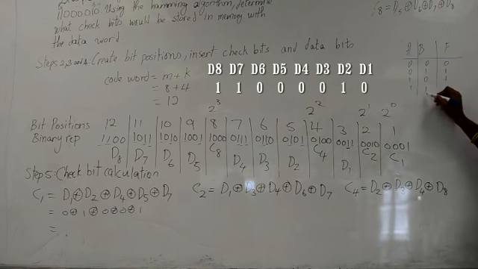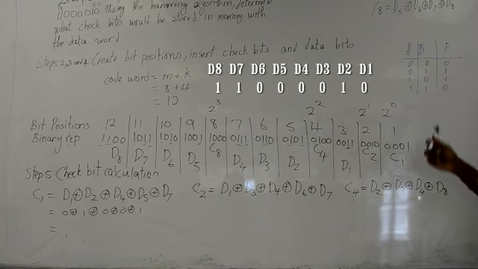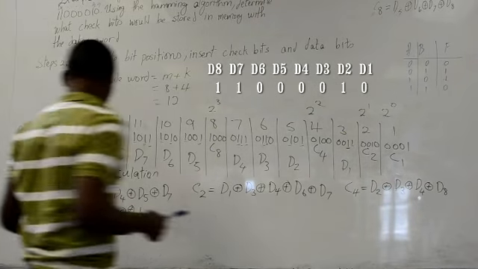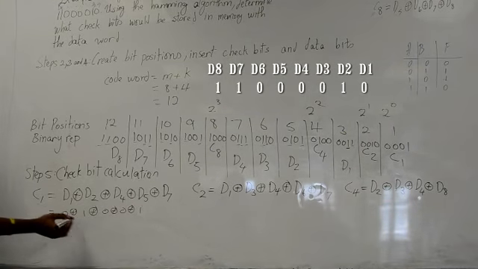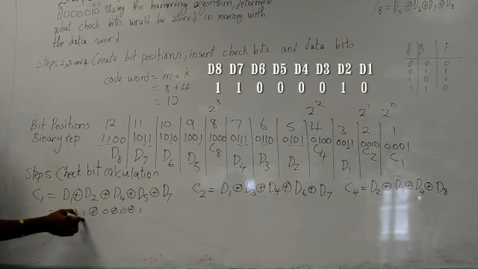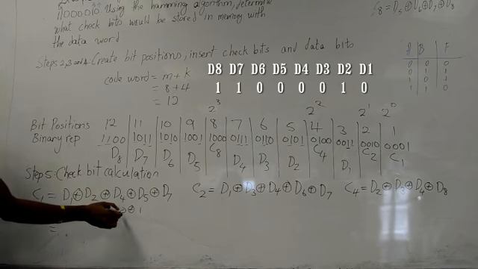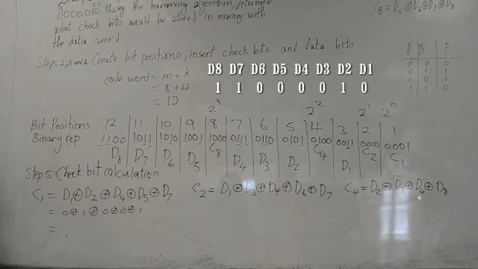If you have two 1s, it's going to be 0. So we must have an odd number of 1s in order for it to be 1. So coming back to this, we have 0 exclusive OR 1, which is 1. 1 exclusive OR 0, still 1. 1 exclusive OR 0, still 1. 1 exclusive OR 1, which gives 0.